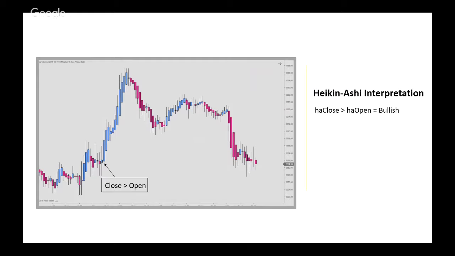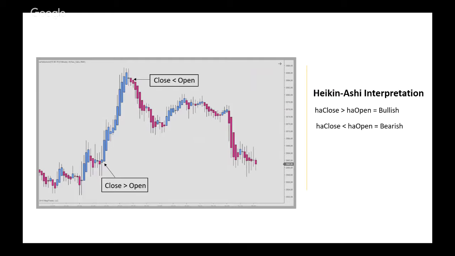When the Heikin Ashi close is above the Heikin Ashi open, we will see a bullish output, so a blue candle, and conversely, if the Heikin Ashi close is below the open, we will have a bearish output. So again, that's these magenta colored candles here.